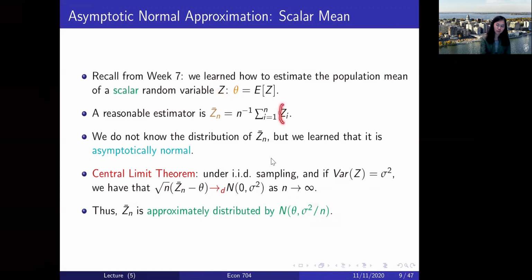It's also equal to the variance of Zi, because Zi is a draw from the distribution of Z.